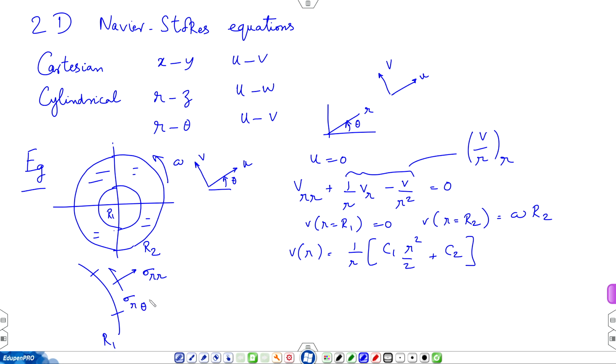The moment of sigma rr on the inner cylinder is 0, it passes through the origin.